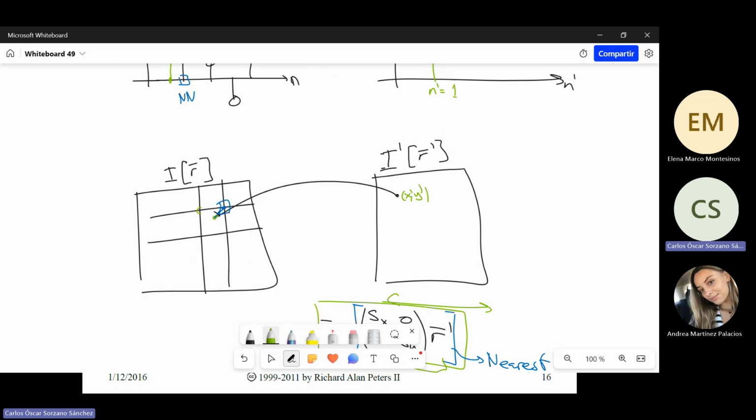For 2 dimensions, we have 4 neighbors. Now, instead of fitting a line, the equivalent of a line in 2 dimensions is a plane. So we will fit a plane, and then we will evaluate the plane at this location.